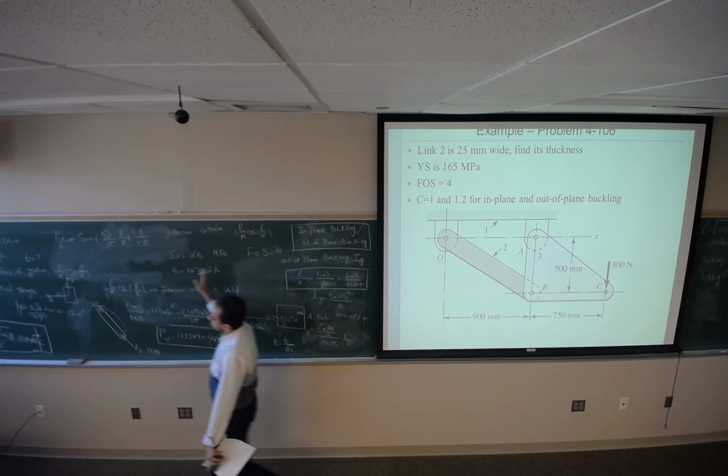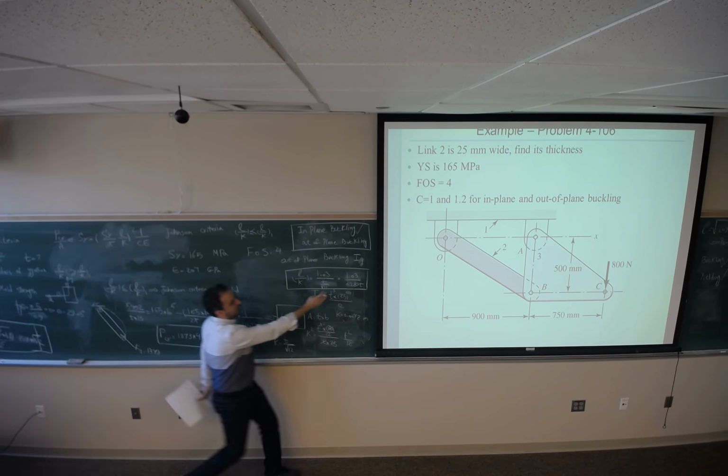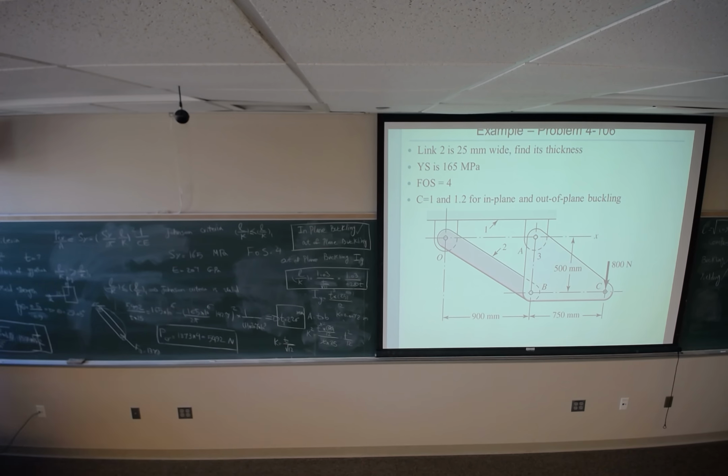Suppose you say that the Euler criteria is going to be valid and work with this. After you find the thickness, come back here and find L over K and check with L over K1 to make sure that your guess was right. If it wasn't, use the other criteria and calculate the thickness.